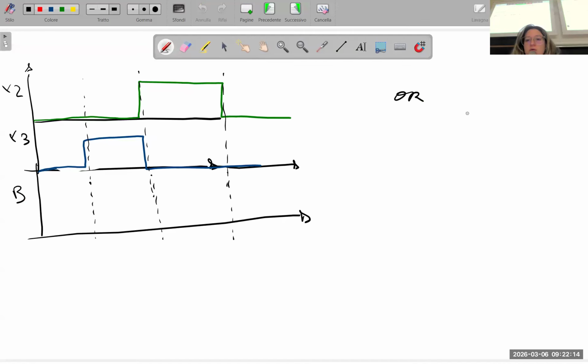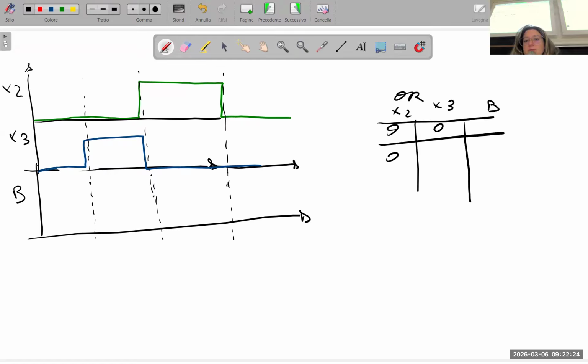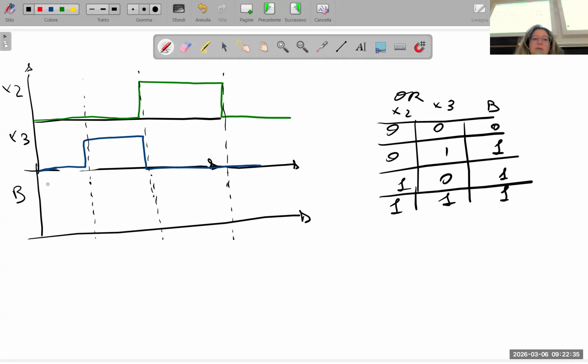So 0, 0, x2, x1, x3, and then B. Right? So let's see what happened. 0, 0 still remains 0. Let's do over. Okay. 0.